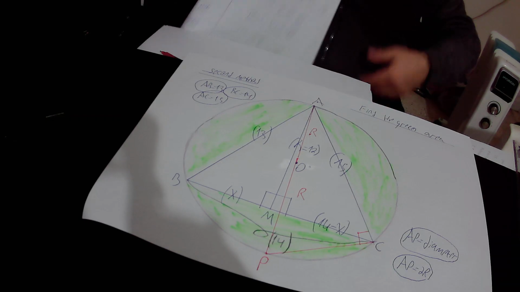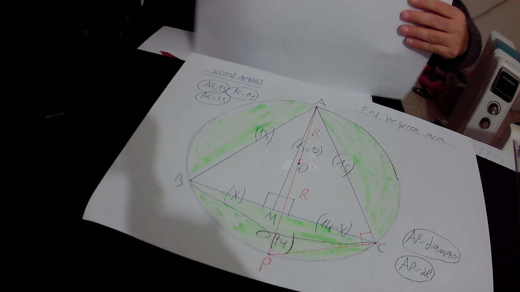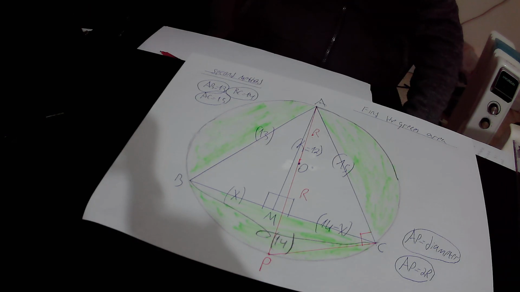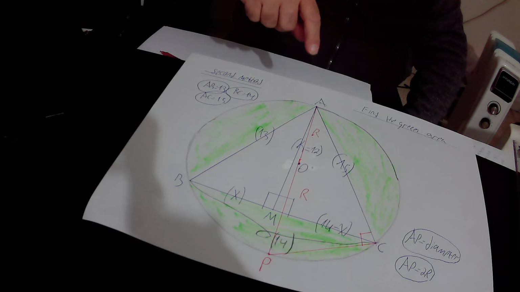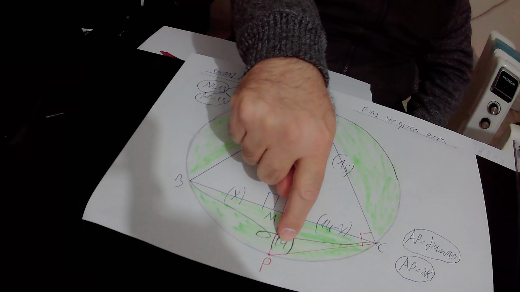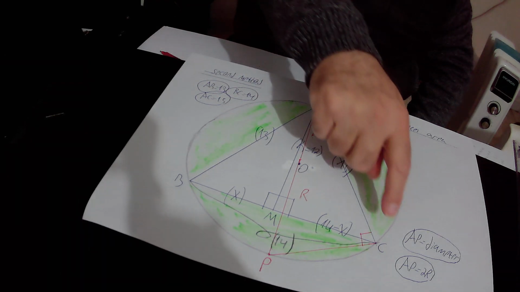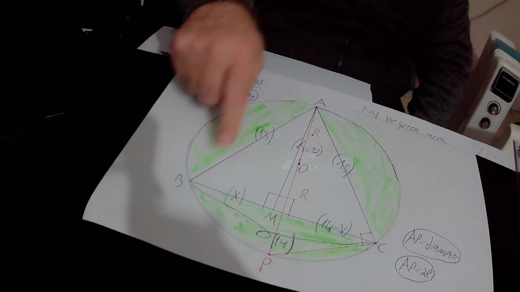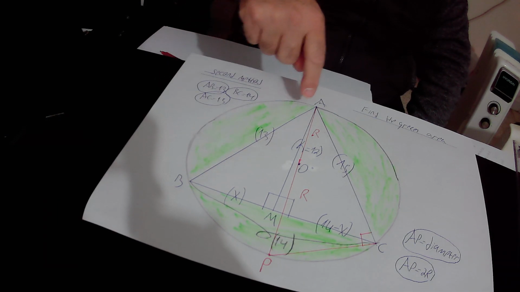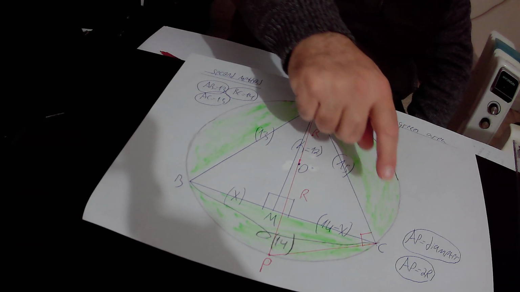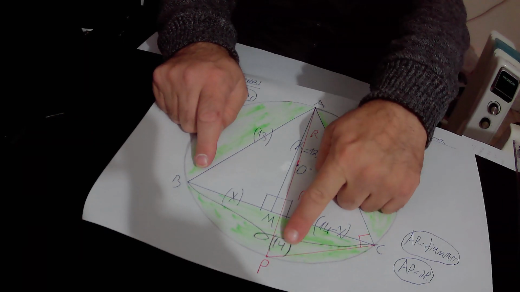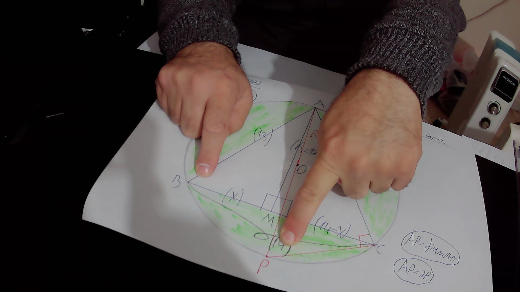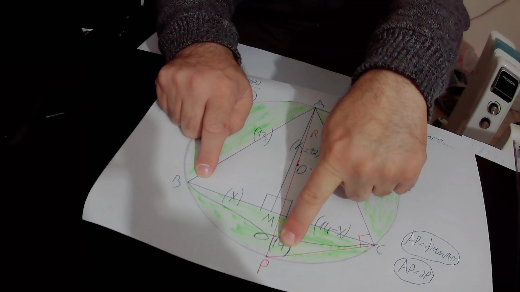Why? Because in our drawing we have peripheral angle APC. This peripheral angle APC rests on chord AC, and we have another peripheral angle ABC. This peripheral angle ABC rests also on the same chord AC. So because those two peripheral angles rest on the same chord AC, they must be equal to each other.